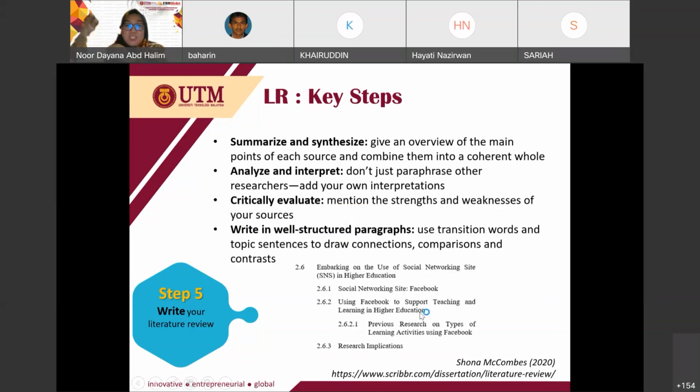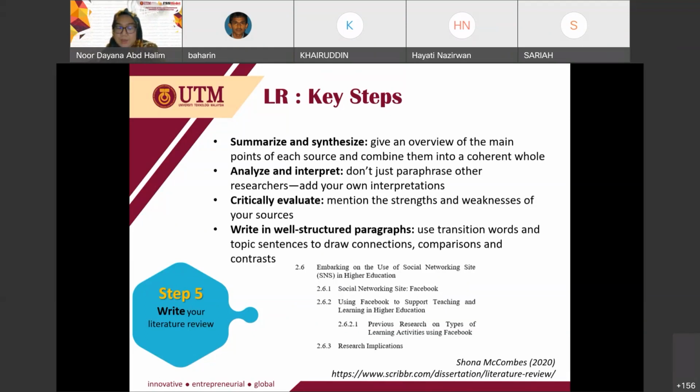The subtopics relate to each other. And then 2.6.2.1 is actually about Facebook. However, it relates to the previous research, how the activity for teaching and learning is conducted using Facebook. And then the last one is the research implication.